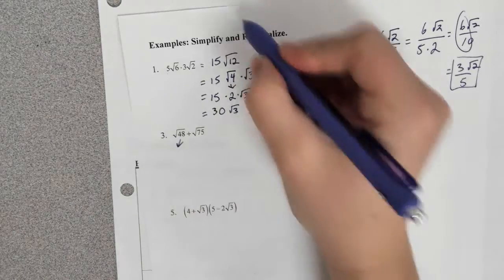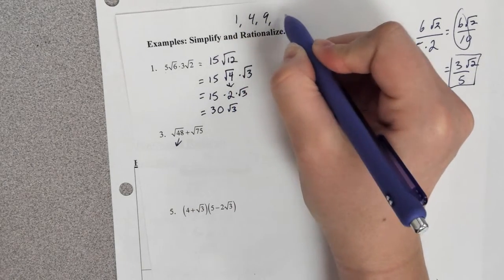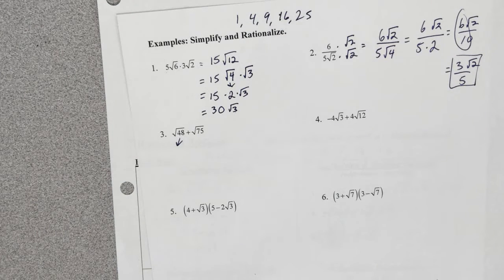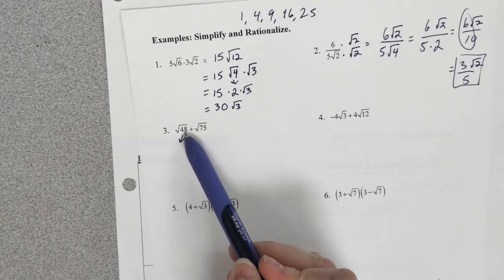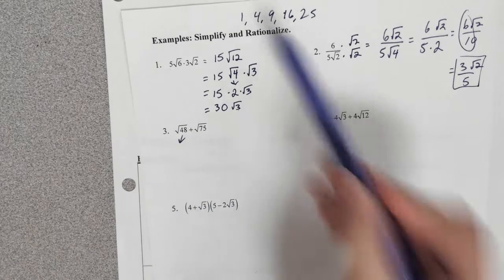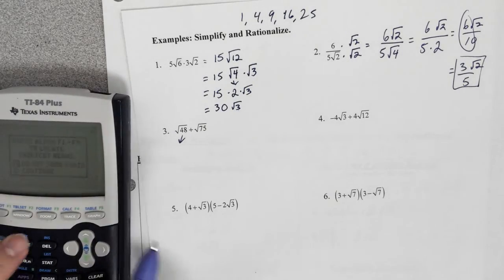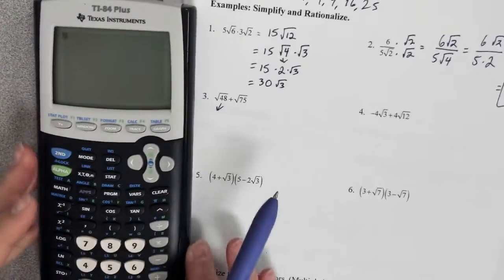So if I think about my perfect squares, 1, 4, 9, 16, 25, etc. As I'm looking at those, I can think about, do any of these divide into 48? Well, 4 would, but is there anything larger?